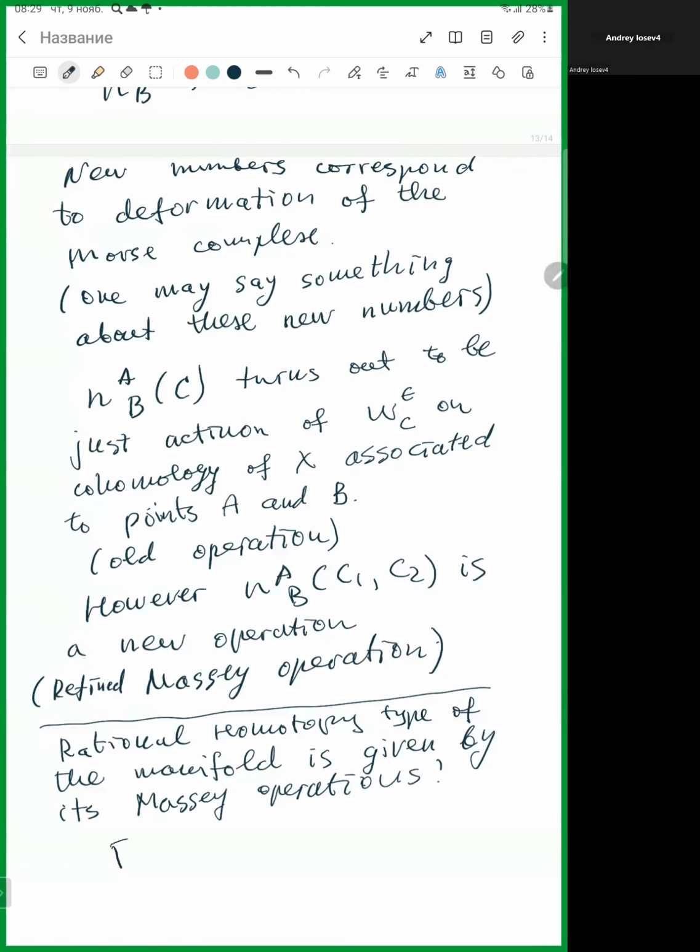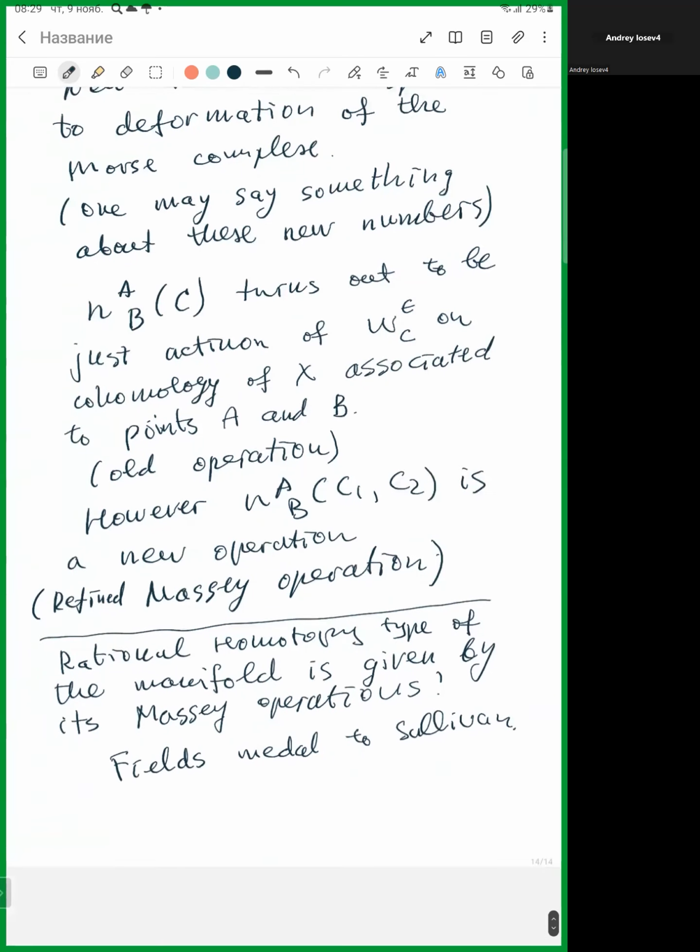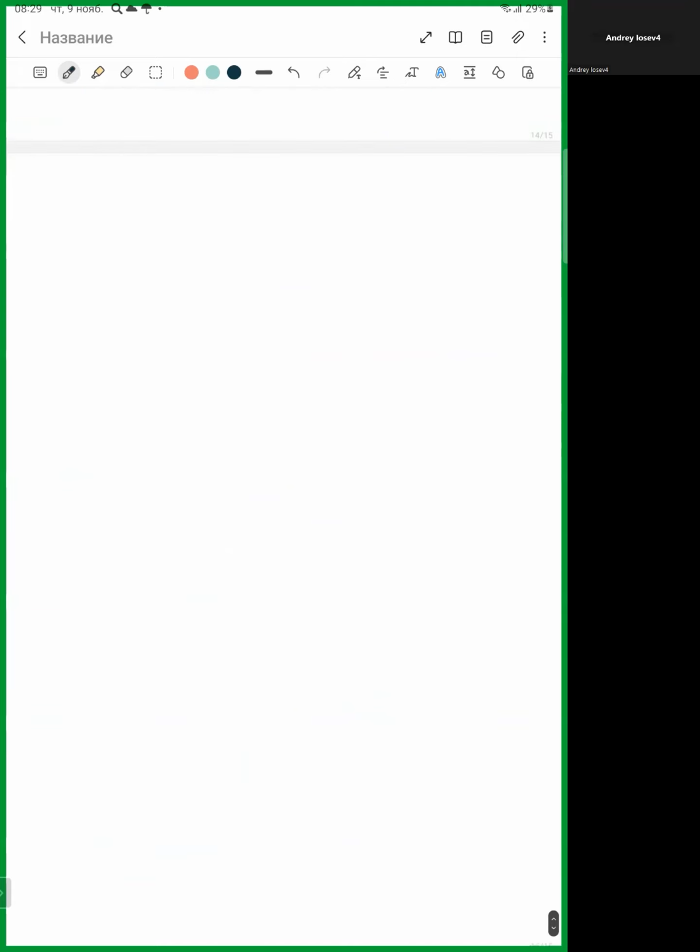And it's a Fields medal to Sullivan for proving it. Okay. But it's only one first Fields medal.